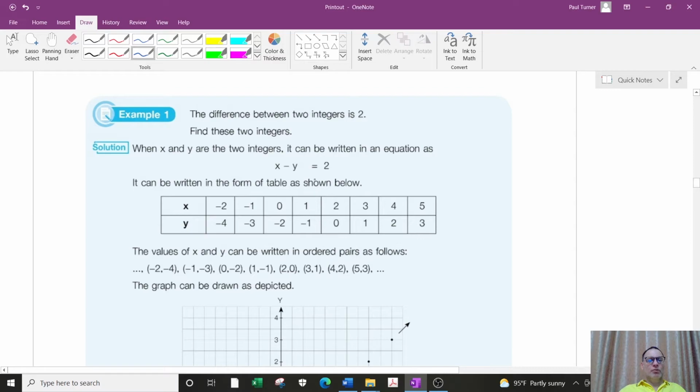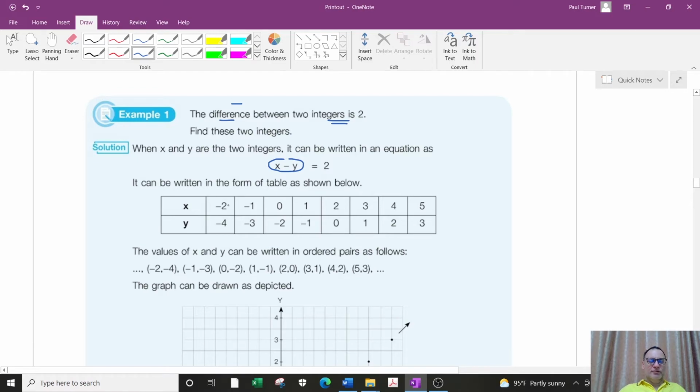So here's example 1. The difference between 2 integers is 2. Okay, difference means when you subtract them, you get 2. Difference is subtraction. So if you've got 2 integers, x minus y, the difference between the 2 integers is 2.